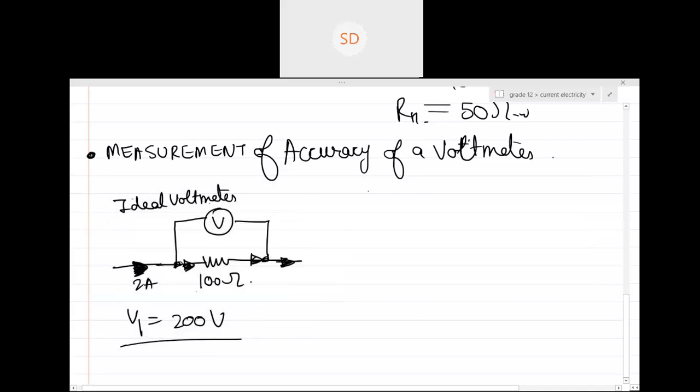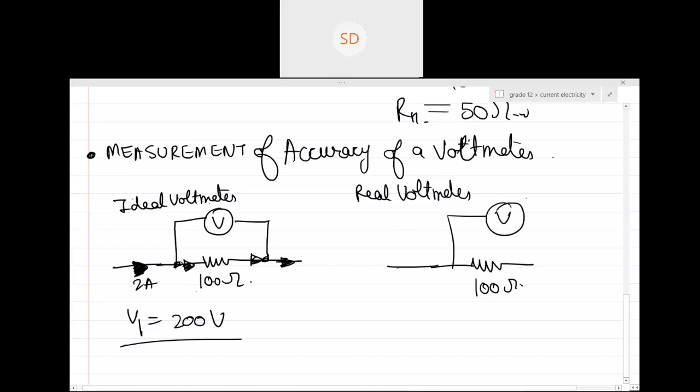But next, let's talk about a real voltmeter. Will a real voltmeter have infinite resistance? No. At least some current will go through that particular thing. So if I have a real voltmeter, so suppose this is 100 ohm, and I have a real voltmeter, this voltmeter will have certain resistance of its own. Well, it will be high, but still it will have some resistance of its own, right?